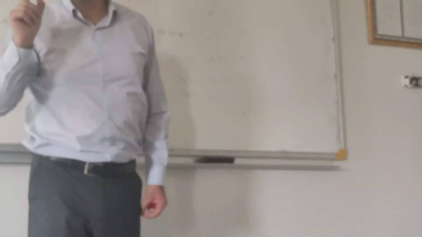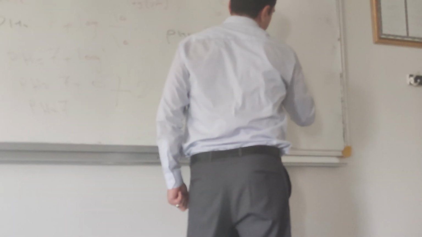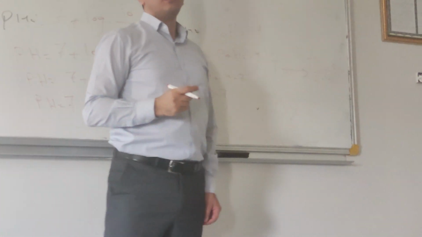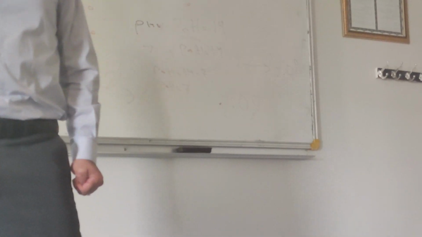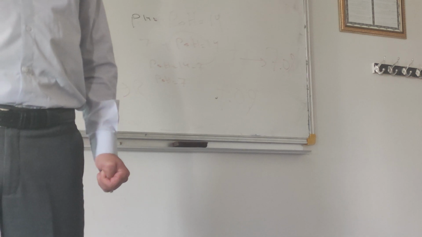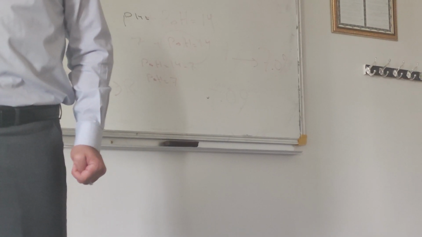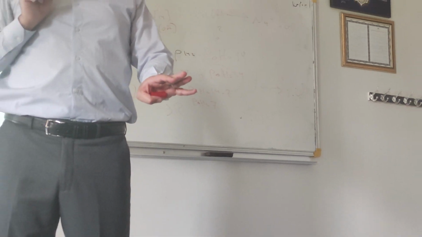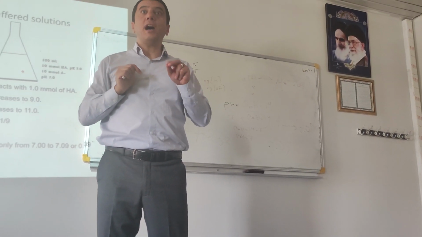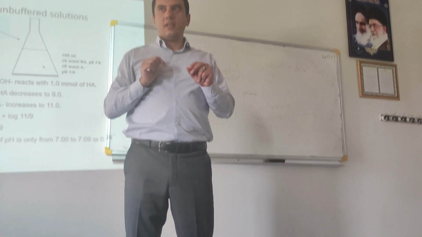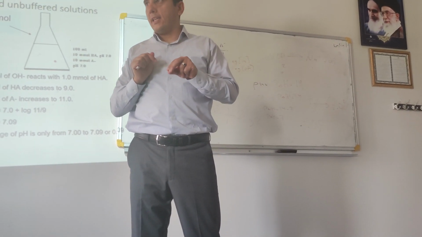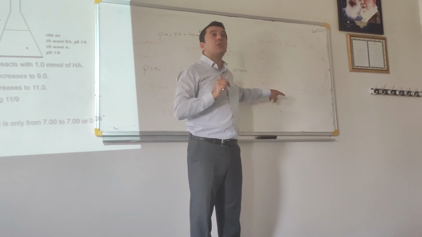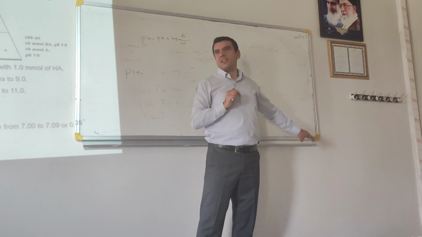Just a change from 7 to 7.09. Only 0.09 change in the pH. Very low change. So if you have a buffer in your body, you can see that there is almost no change in pH.